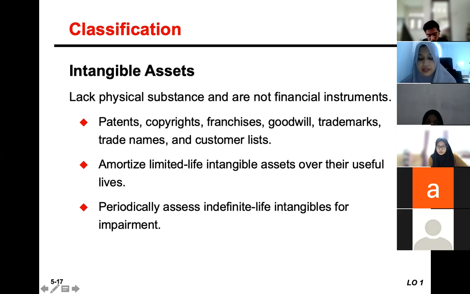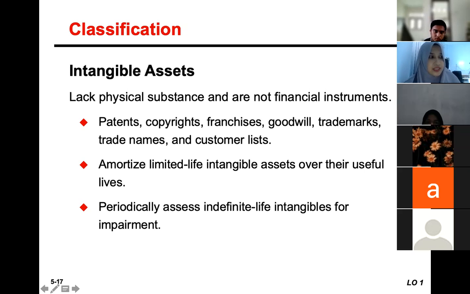Impairment is an indication of the decrease in the value of such asset. Jadi penurunan nilai. So the company has to evaluate whether a certain intangible asset has impaired, ya, sudah menurun nilainya.